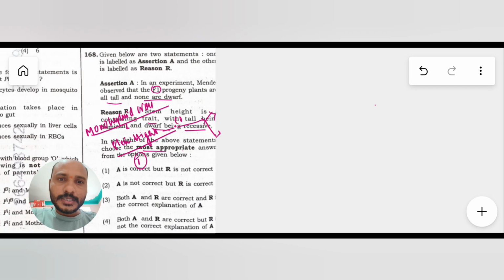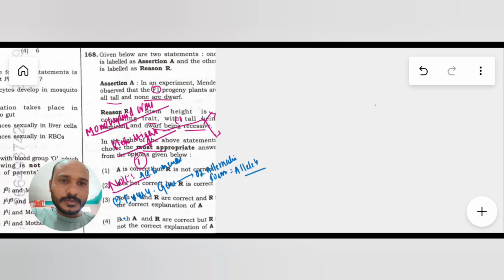Every character has its alternative forms, called traits. Remember 2 important terms according to Mendel. Every gene has 2 alternative forms, which are called alleles.